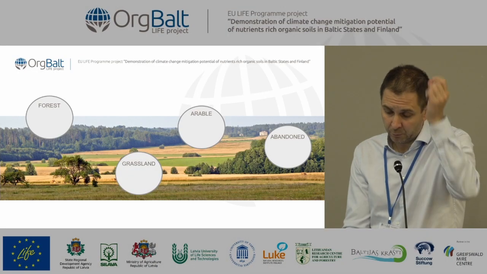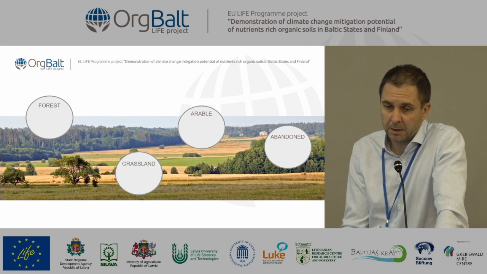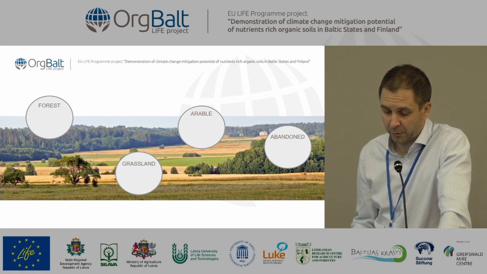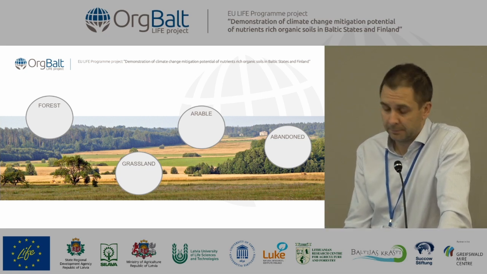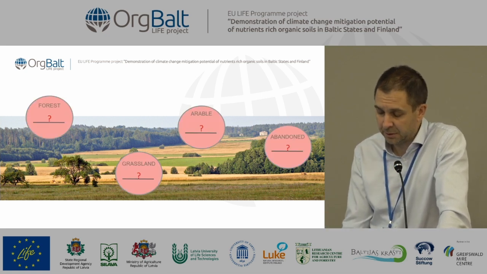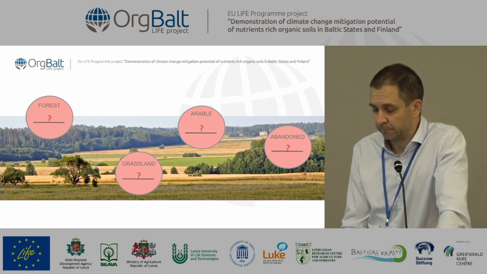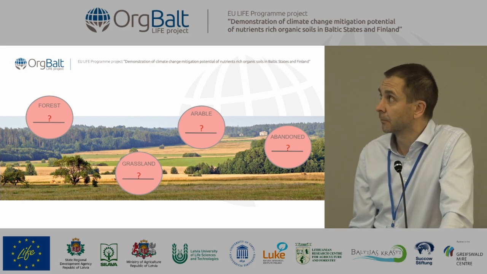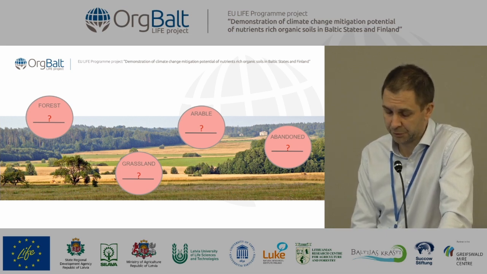If you look at the landscape, you can see there are forests, arable land, grassland, abandoned land, but how much do we, as landowners and as a society, get from the different types of land and land uses? That's the question we should answer if we want to answer the whole topic of our research.